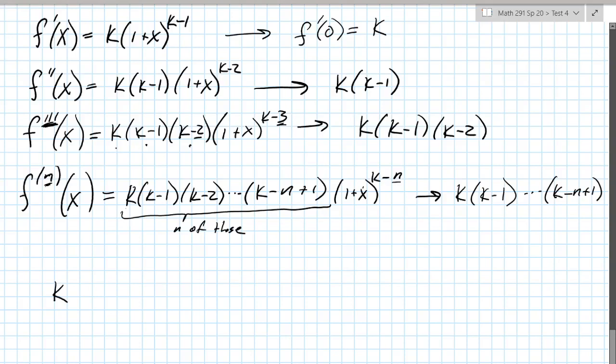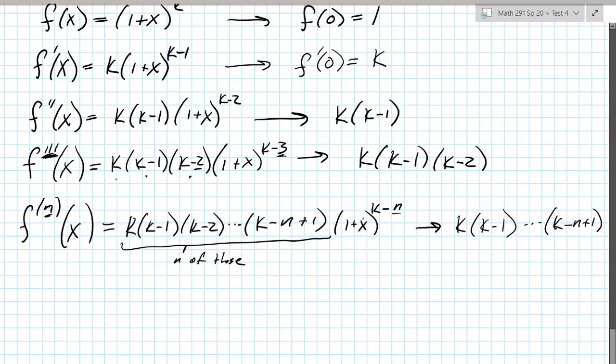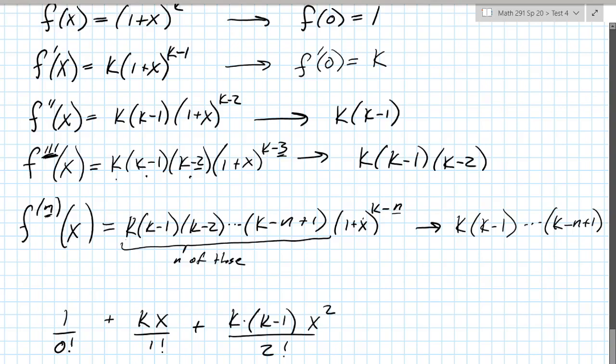So we've got 1 plus k x, there's our 0 factorial and our 1 factorial, k times k minus 1, x squared, 2 factorial, k times k minus 1 times k minus 2, x cubed, and here's our 3 factorial, and so on.